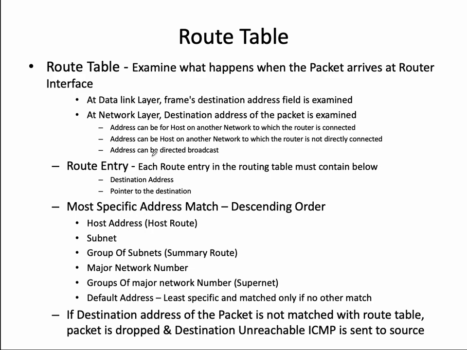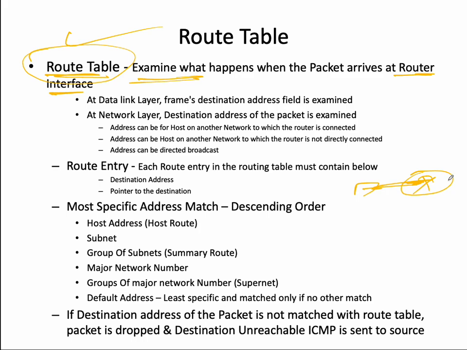Okay. So route tables. What is a route table? This is a word you will hear a lot in the routing labs. A route table is basically what the router examines when packets arrive at the router interface, right? When the router receives the packet, it examines what should happen when this packet arrives here.